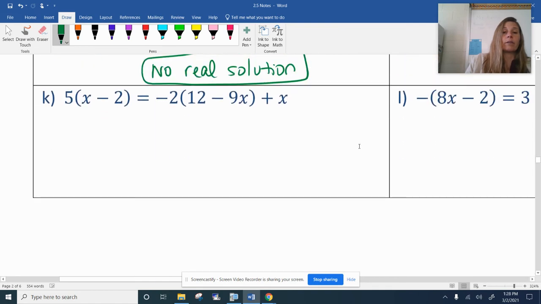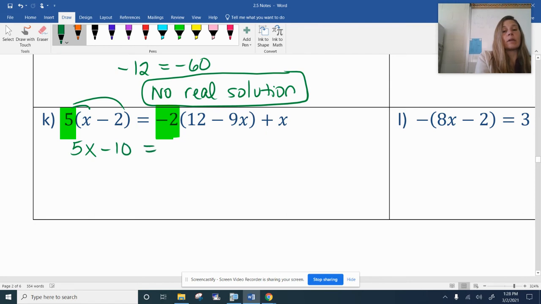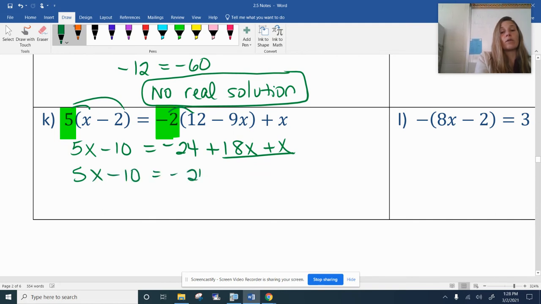And then finally on this page, last one, we're going to distribute this 5 and this -2. So on the left, I have 5x minus 10. On the right, I have -24 plus 18x plus x. My like terms over here on the right are going to get combined, and that is going to give me a 19x.